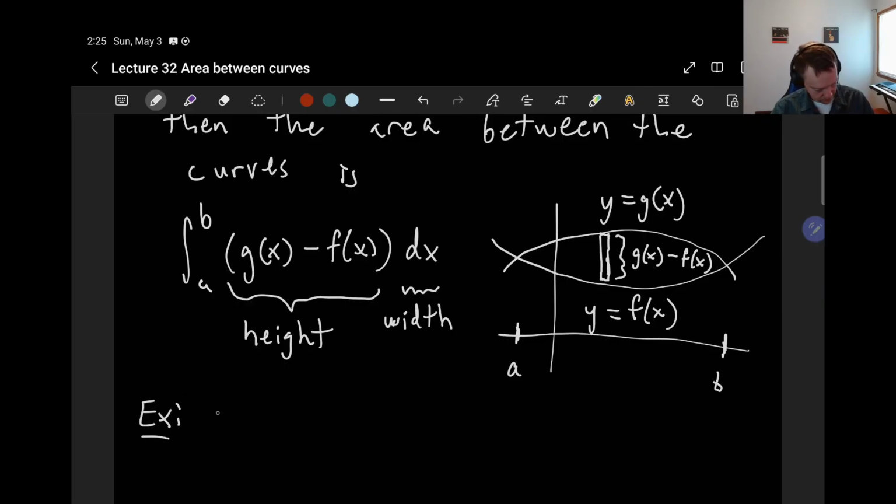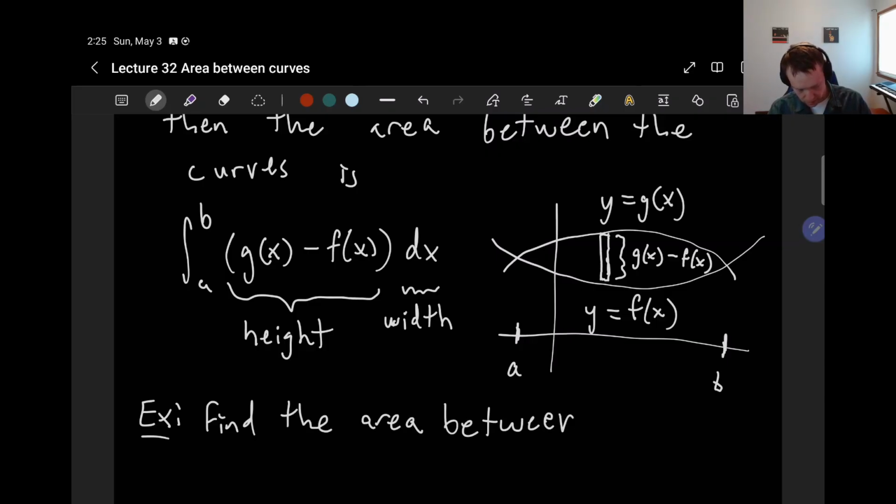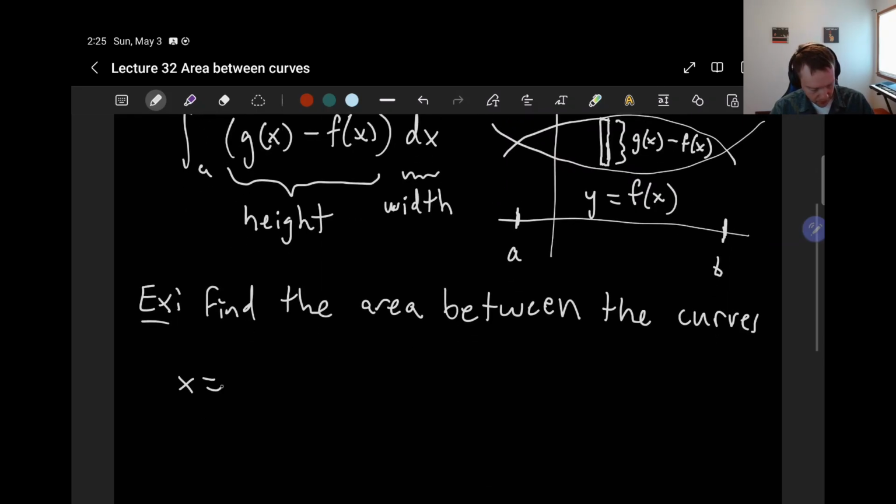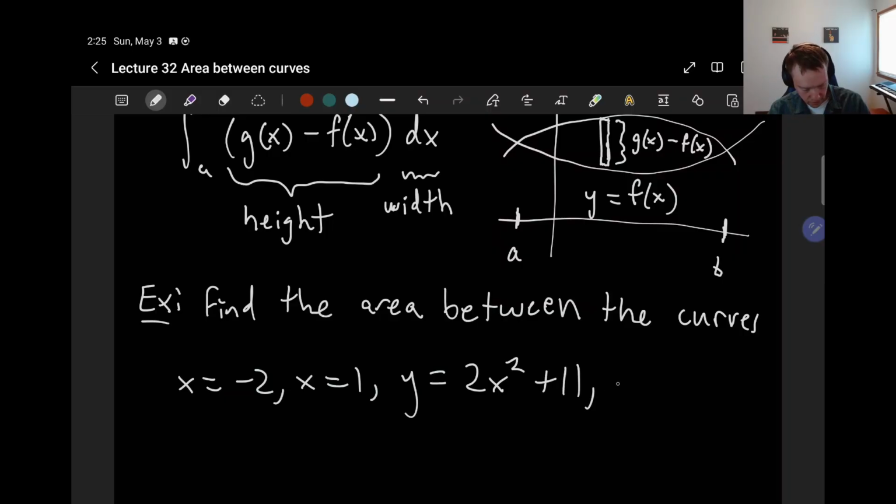So let's find the area between the curves x equals -2, x equals 1, y equals 2x squared plus 11, and y equals 1.